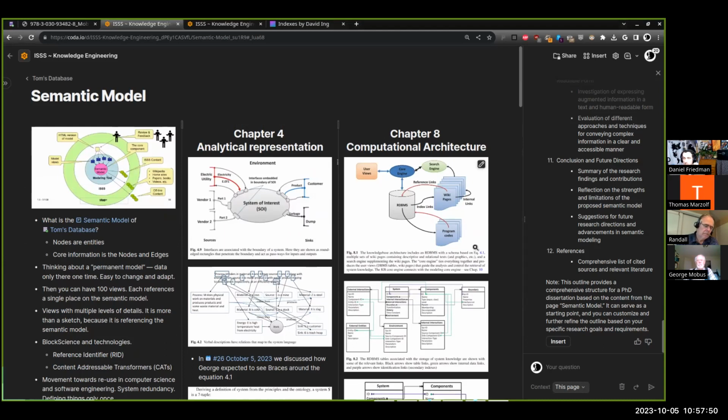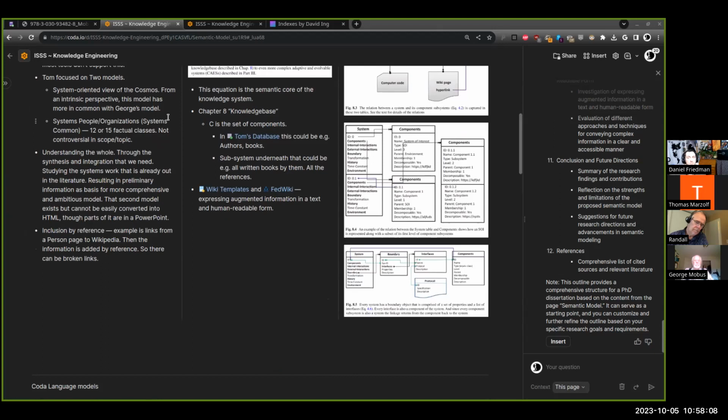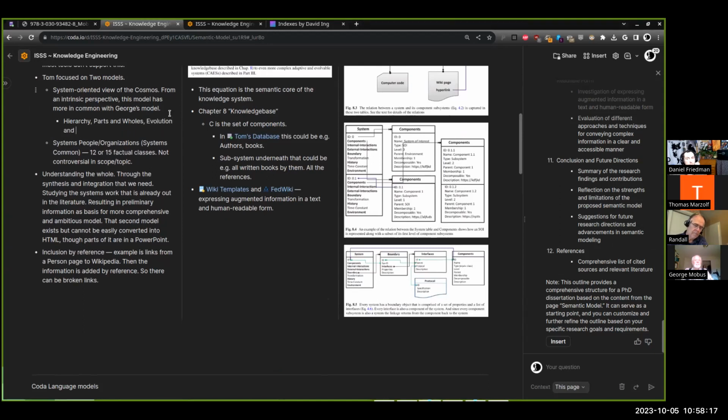So it seems to me there's a set of information that's most useful to understand the cosmos as system oriented. It would include the hierarchy of composition, parts and wholes, and the evolutionary processes that have taken place over time and continue to take place, and how it all fits together without all the details, because you can't possibly do the details.